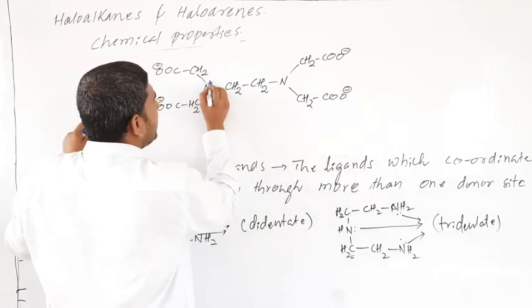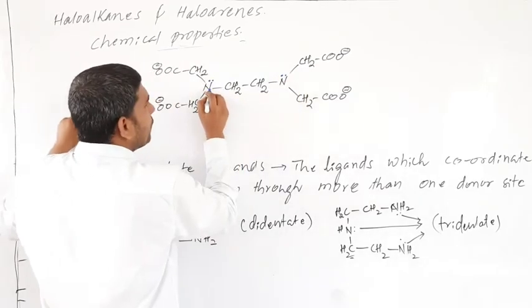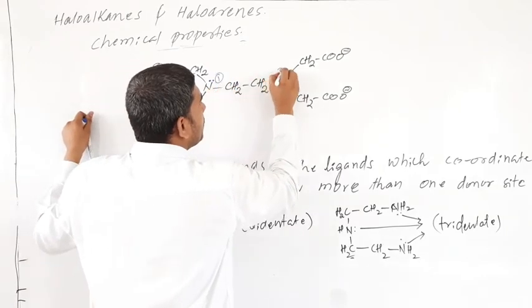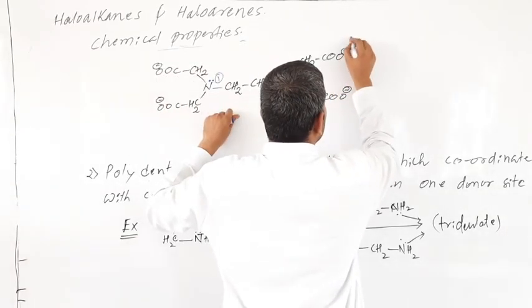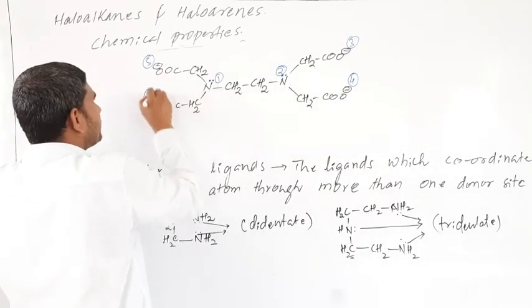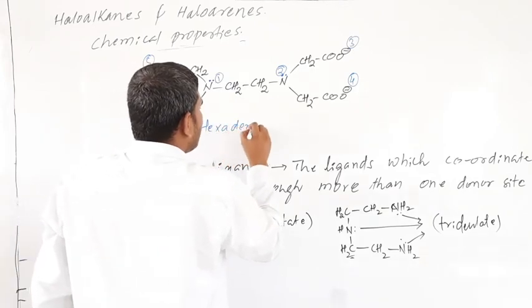If you observe over here, count the number of donor sites. 1, this is 1, 2 over here oxygen, 3, 4, 5, 6. This is also polydentate, but this is a hexadentate ligand.